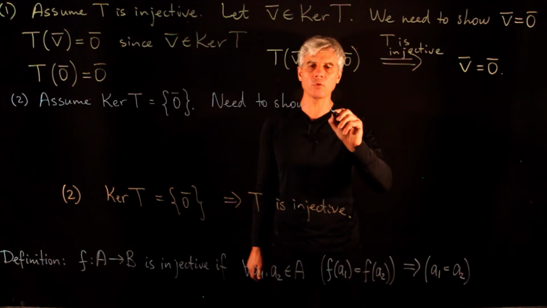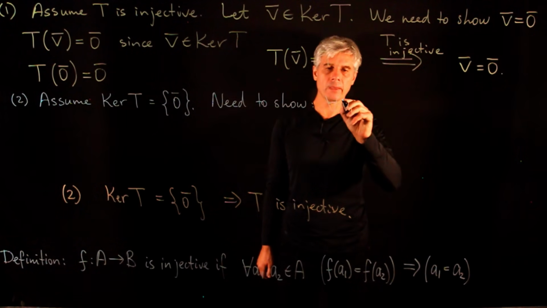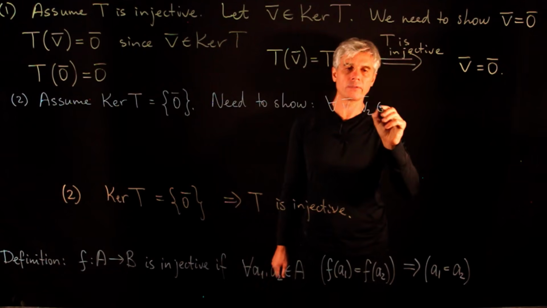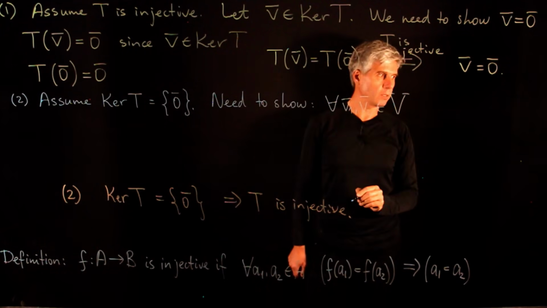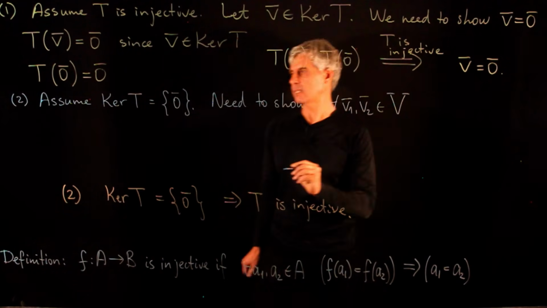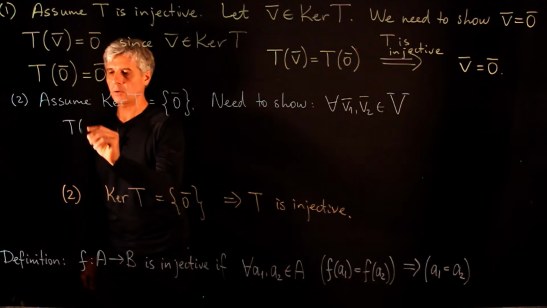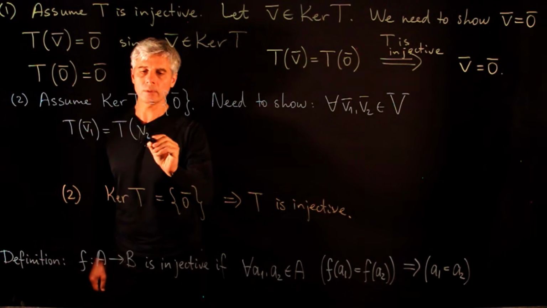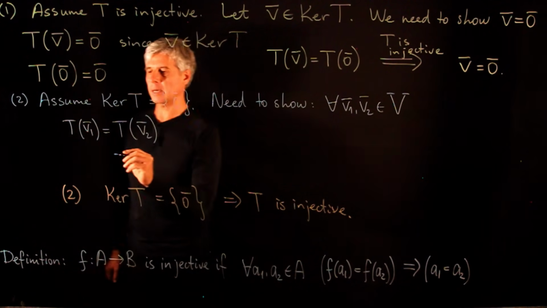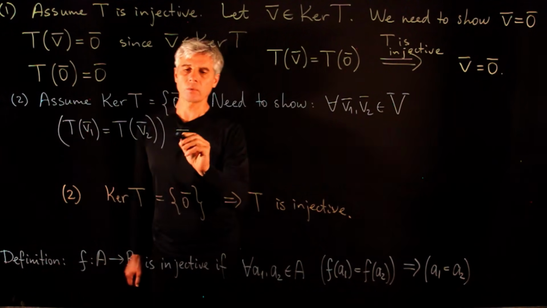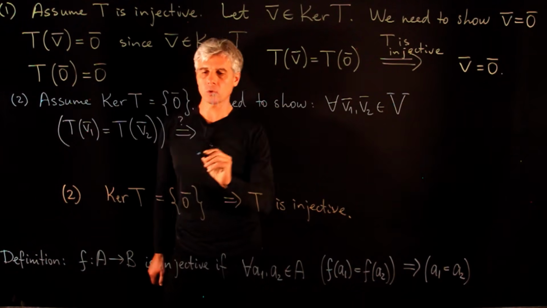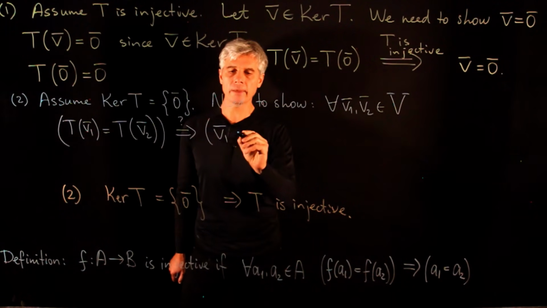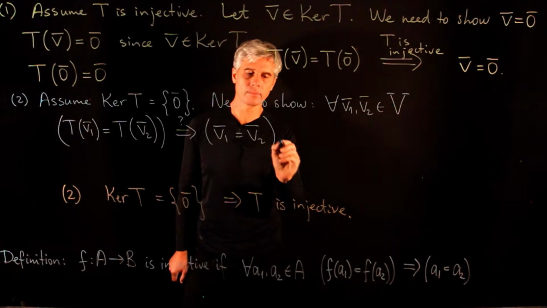We need to show that for all V1 and V2 in V, if T of V1 is equal to T of V2, then this would imply, and this is what we need to show, that V1 is equal to V2.